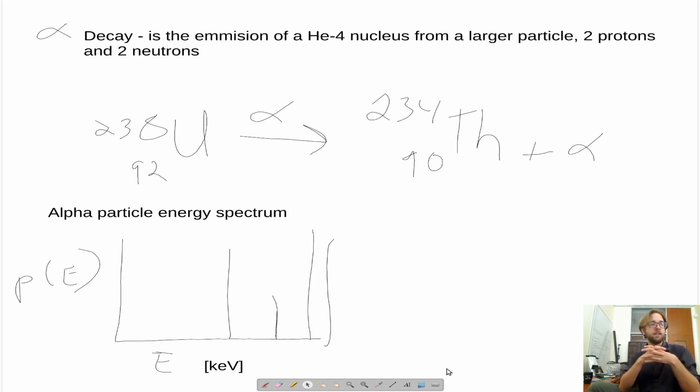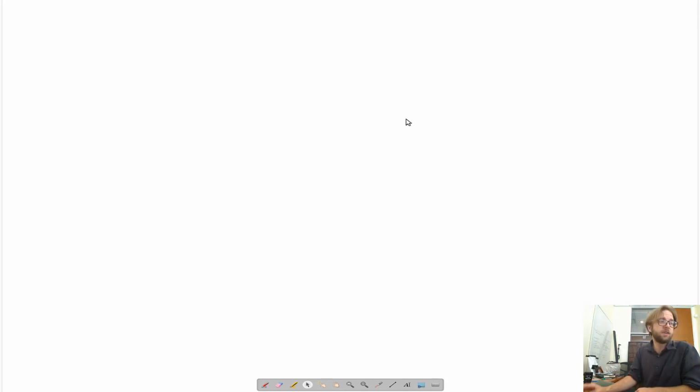Okay, so a real-world application of alpha decay is probably something that we're all familiar with, which is smoke detectors. Basically, the smoke detectors in particular will rely on americium-241.